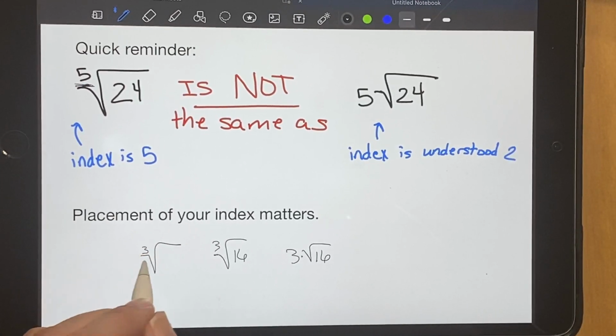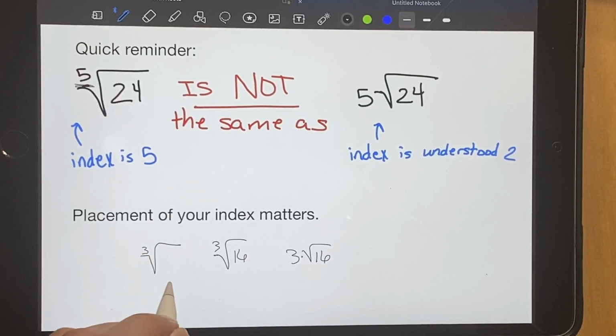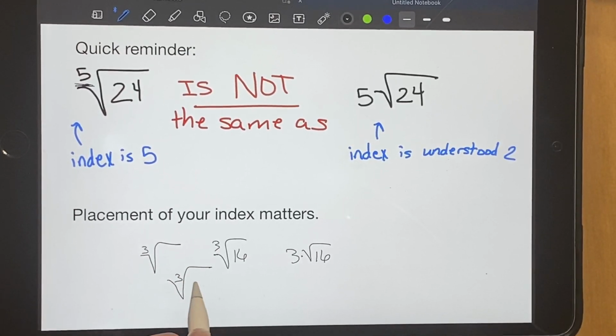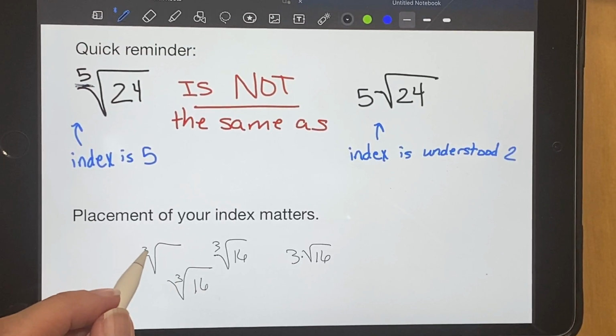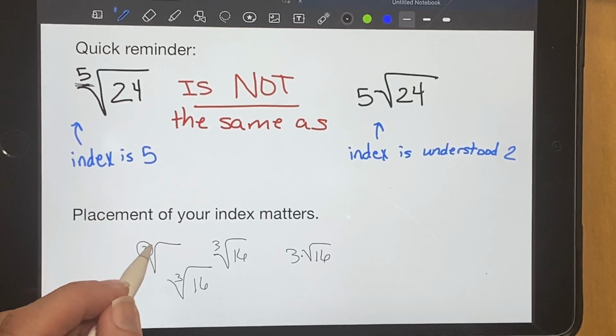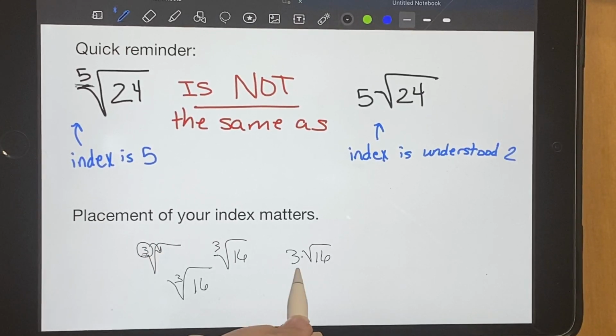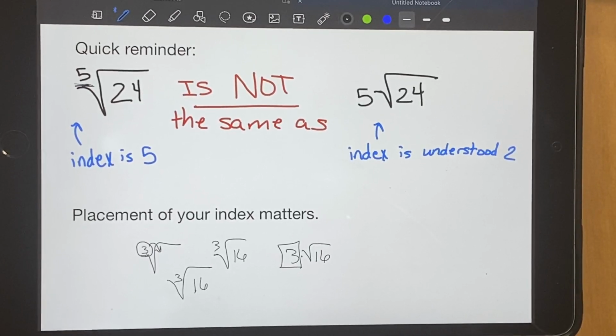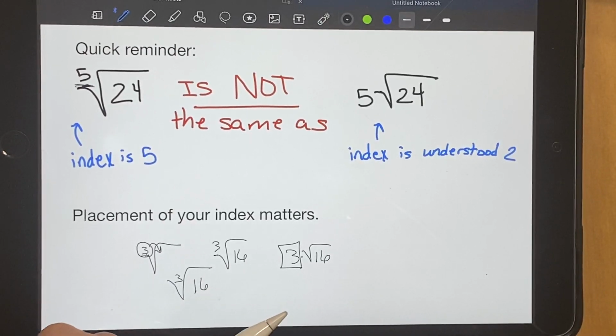Often it's written where it sits right on the line. It can be written where it's in the crack of the V, just so that there's a definition that this index goes with this radical, and it doesn't happen to be a coefficient that is placed out front. So that's an important thing to note as you are working through, in your work and in your handwriting as well.